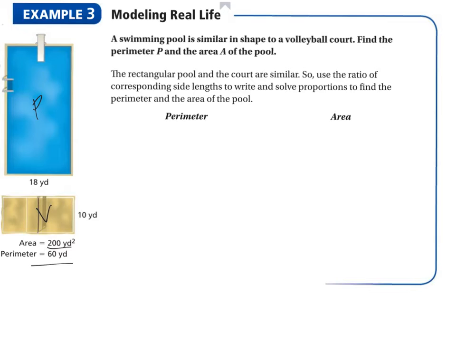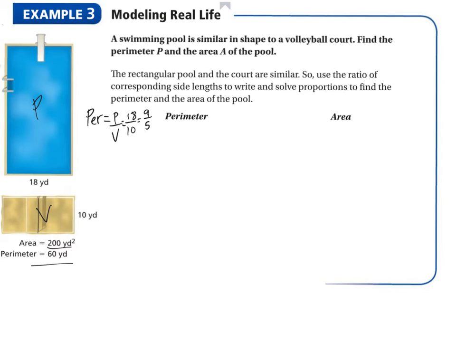But first, we need to understand and remember the difference between the ratios of a perimeter and the ratios of an area. So let's look at the perimeter first. I know I'm confusing this, so let's just call this PER. The perimeter ratio of pool to volleyball is 18 to 10, which simplifies, divided by 2, to 9 to 5.